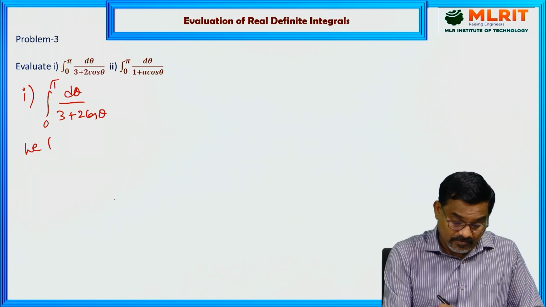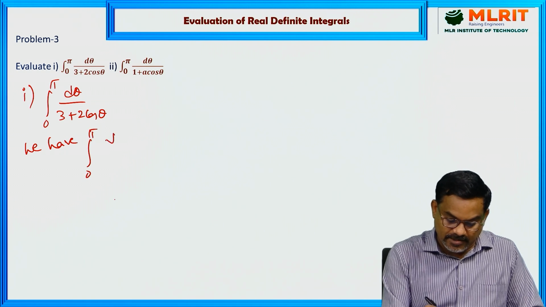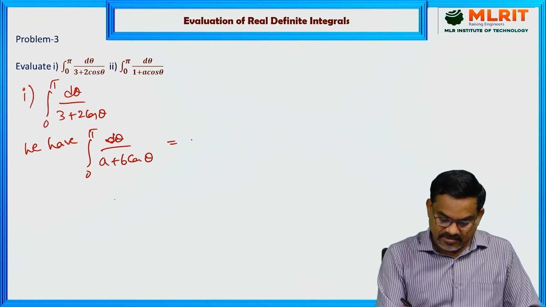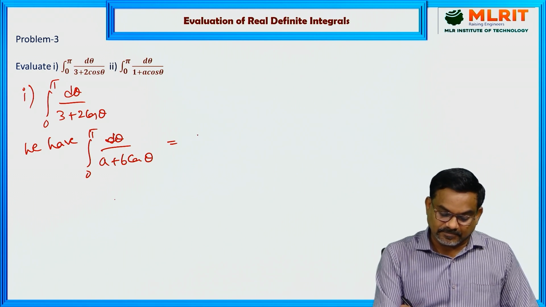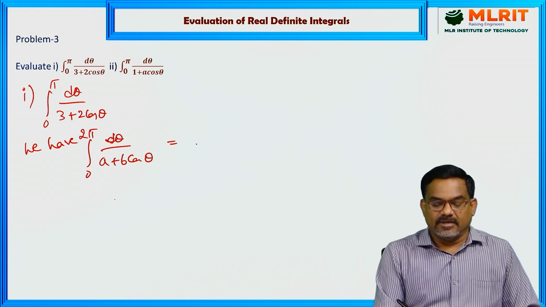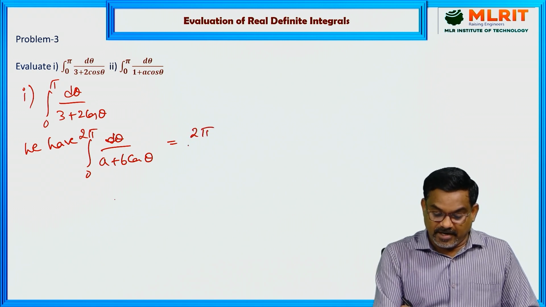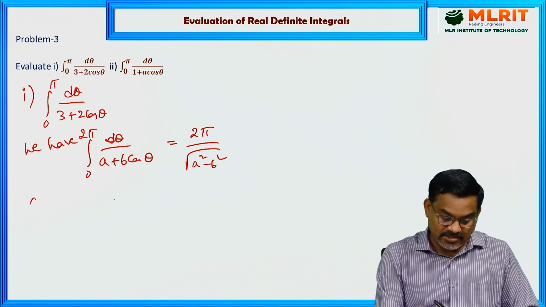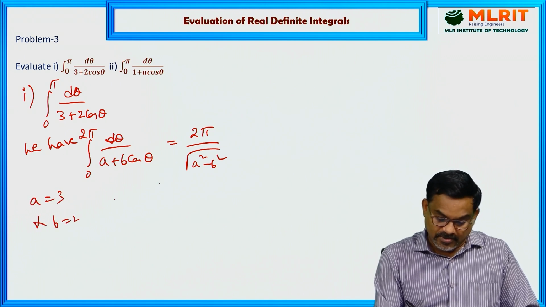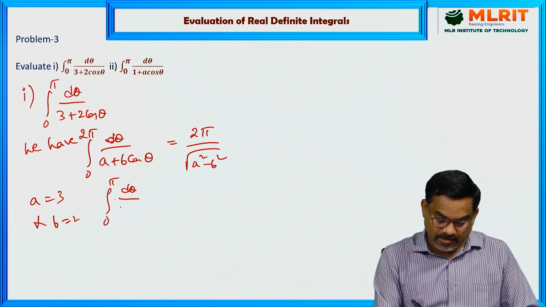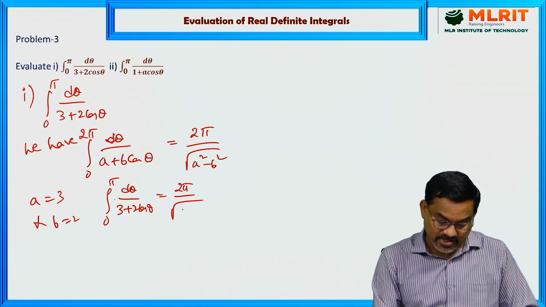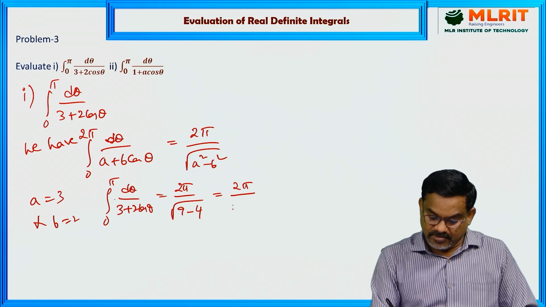So we have 0 to 2 pi d theta by a plus b cos theta equal to 2 pi by root a square minus b square. By comparing these two, a equal to 3 and b equal to 2. So this equals 2 pi by root 9 minus 4, so 2 pi by root 5.